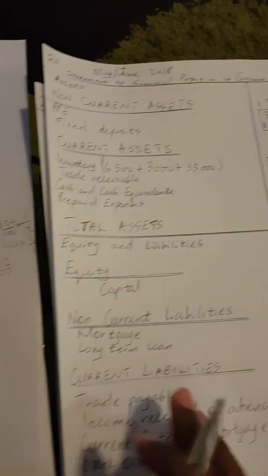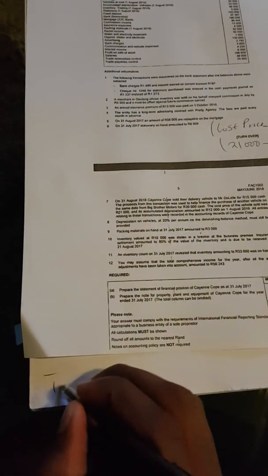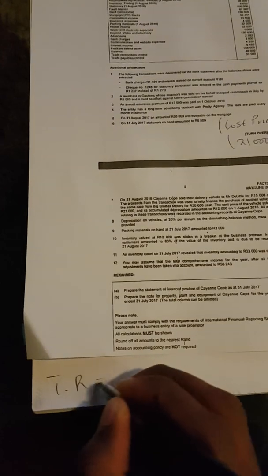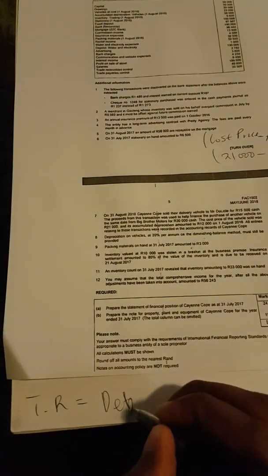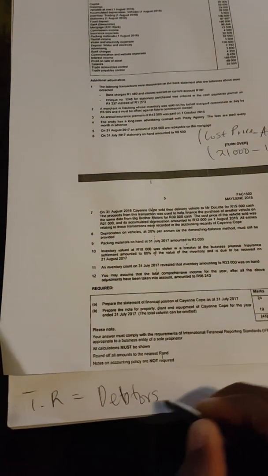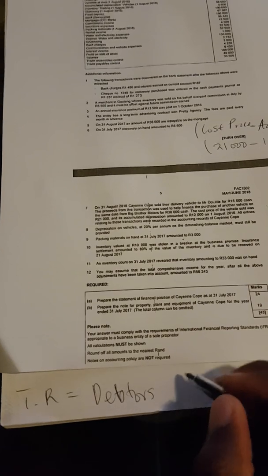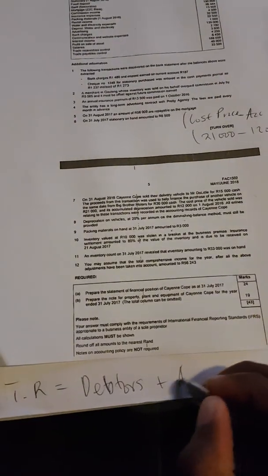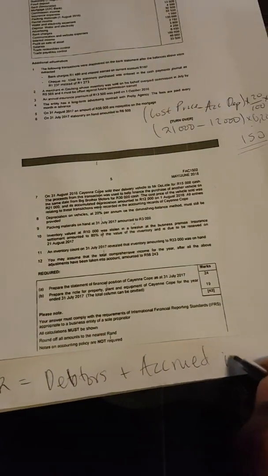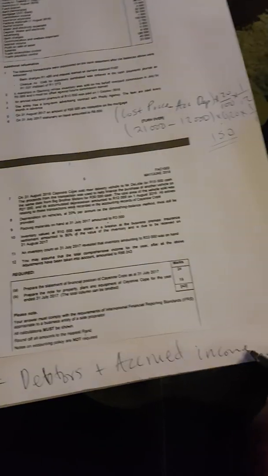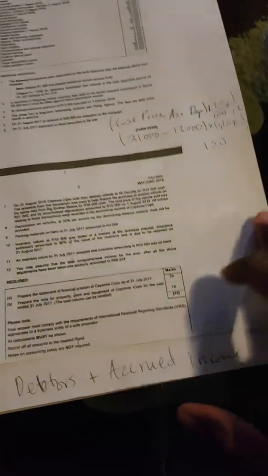Now here is my question. How do we calculate trade receivables? Trade receivables is basically debtors. Debtors is the same as trade receivables. It is debtors plus accrued income, minus written off credit losses.